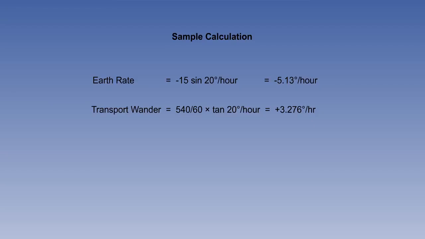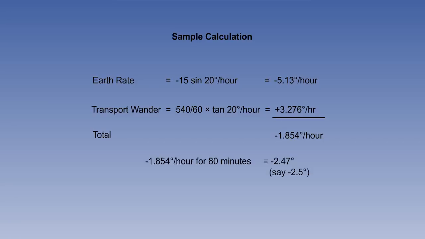And we know the mathematical sign for transport wander in a westerly direction in the Northern Hemisphere is plus. Both Earth rate and transport wander are relevant to the final reading on the gyro. So adding Earth rate and transport wander together, we get a total of minus 1.854 degrees per hour.